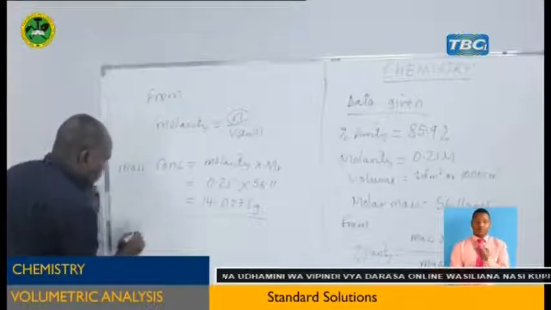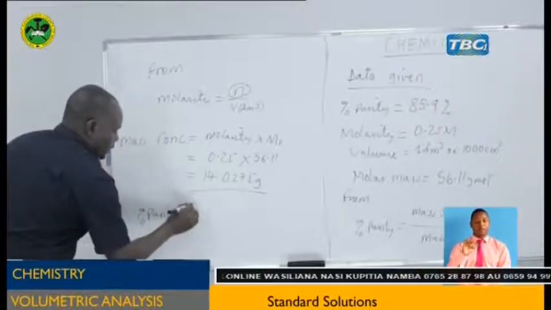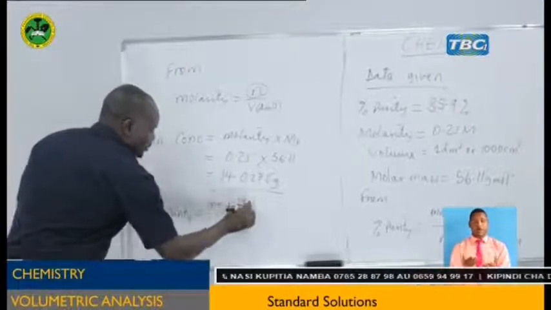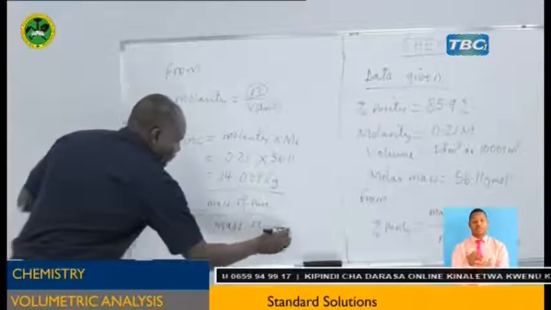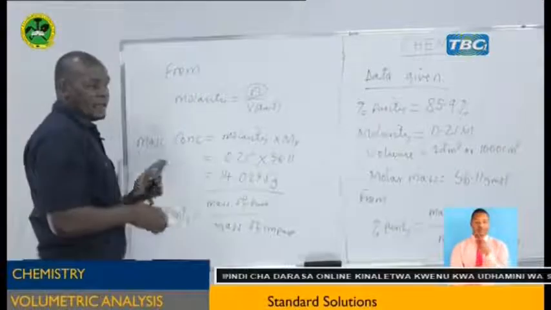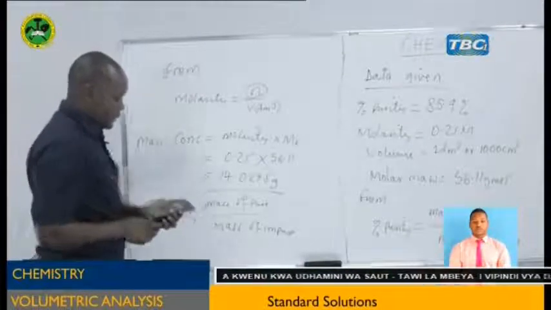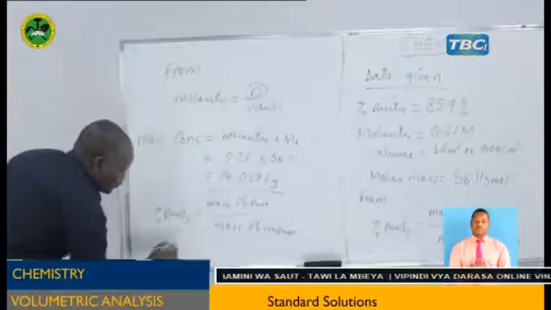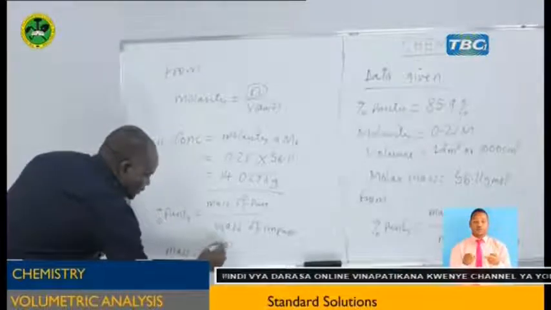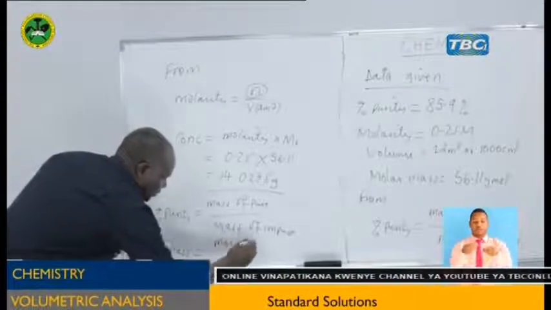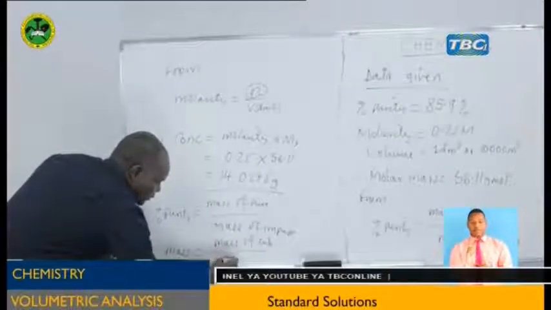Now from percentage purity equal to mass of pure substance over mass of impure, and here we have been asked to calculate the mass of potassium hydroxide, the mass of impure will be equal to the mass of substance given divided by percentage purity.